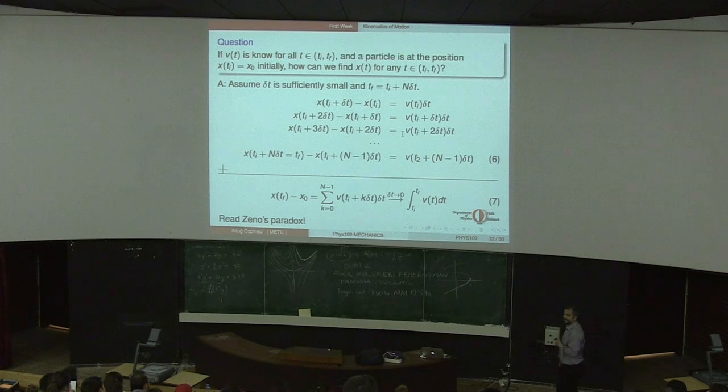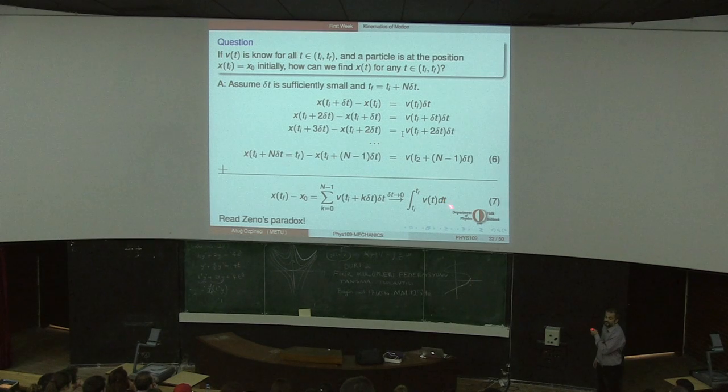You are summing infinitesimally small quantities, very small quantities, but you have infinitely many of them, so you get a final answer for the integral. This just tells me that v dt is nothing but the very small displacement of my object within this time dt. Here I'm just summing all these very small displacements starting from the initial time up to the final time.